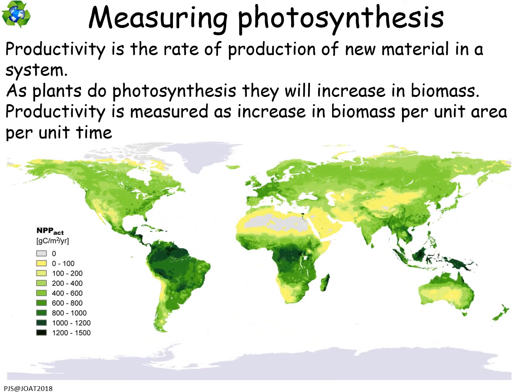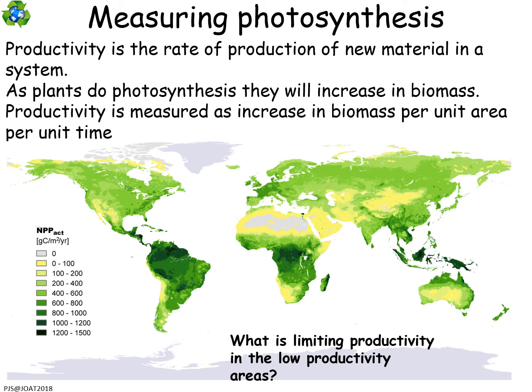Here's our planet, spread out in terms of productivity. This is net primary productivity. And you can see some clear areas where things are great and things are not. Obviously here, even though this is plenty warm, it's actually mainly desert, so we have very poor water availability, so that's going to impact.